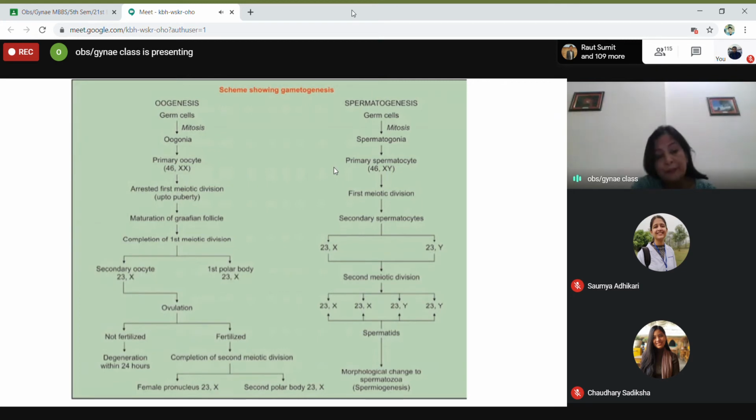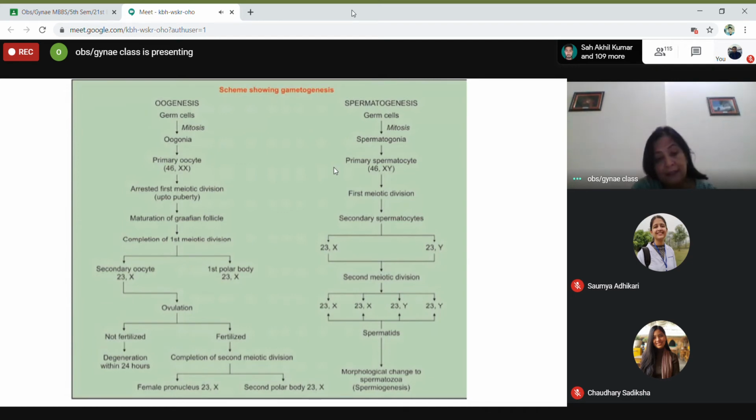In females, at the end of the 3rd week of gestation, germ cells migrate from the wall of the yolk sac to the genital ridge, and at the end of the 4th week they reach the genital ridge. These germ cells start multiplying by mitosis, and after mitotic division they are called oogonia.